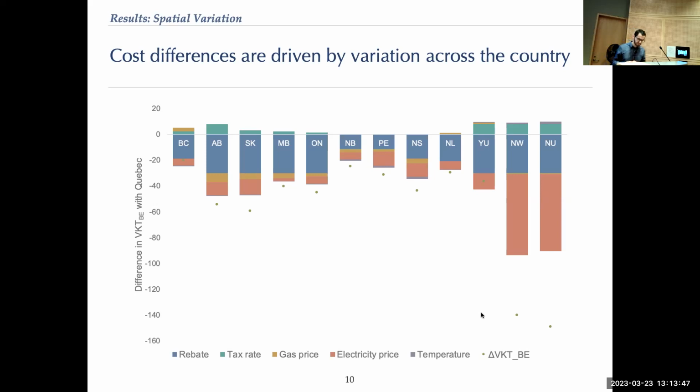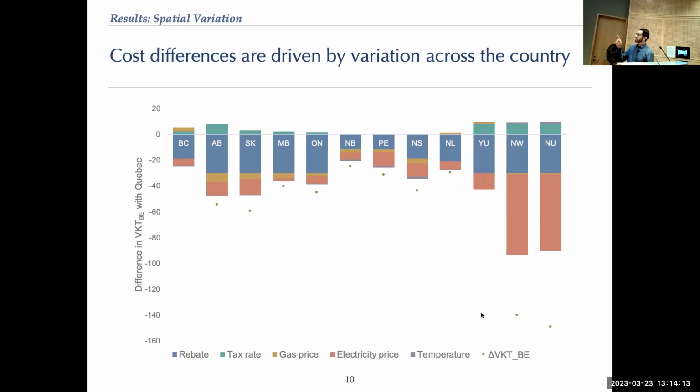To walk through an example, let's take the case of Alberta, second from the left. In Alberta, because the purchase rebate value is less than what it is in Quebec, it would take about 20 to 25 kilometers more distance to be driven daily in order for an EV to equal a gas car.